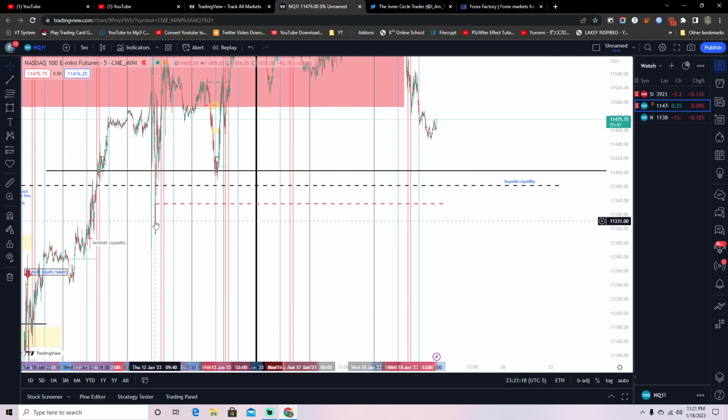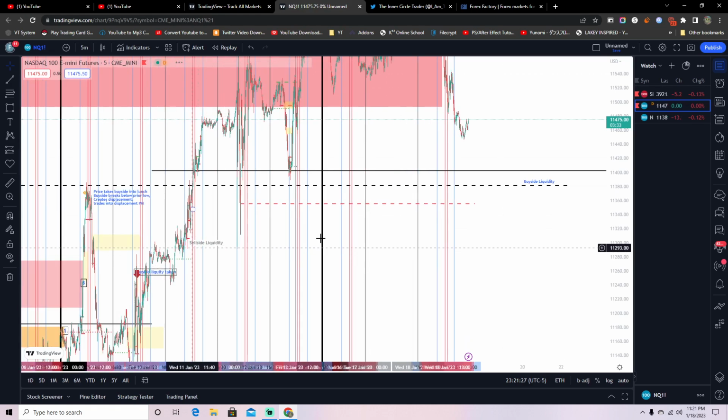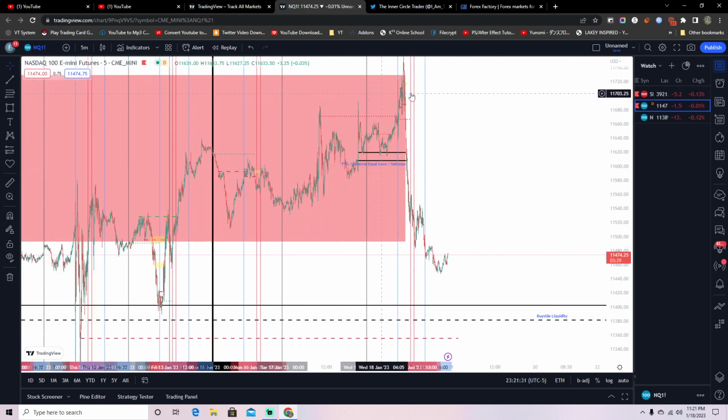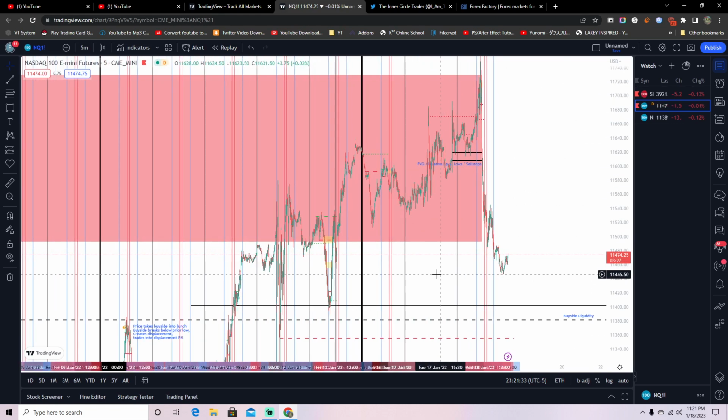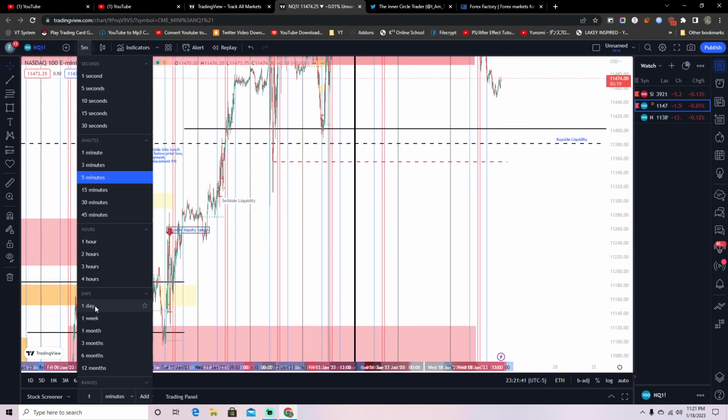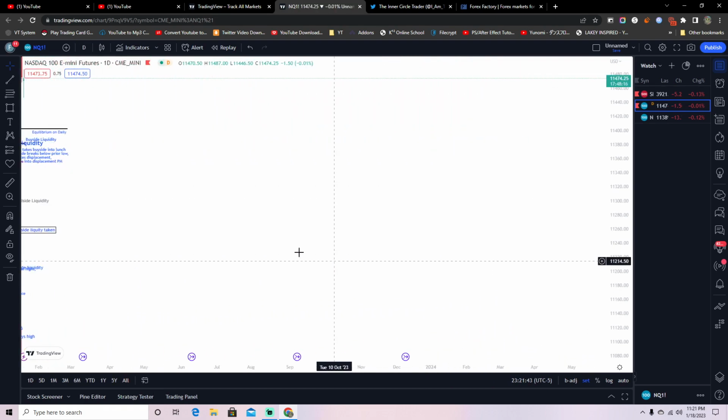So I'll be expecting us to go below this level here that I have outlined, even maybe these prior lows, because we just took buy side, we've just traded into an imbalance. Overall on the weekly, we've seen lower prices. So now that we have a break in market structure outside of the range that we had prior to it, which is more refined on things like the 1 day when we look at that.